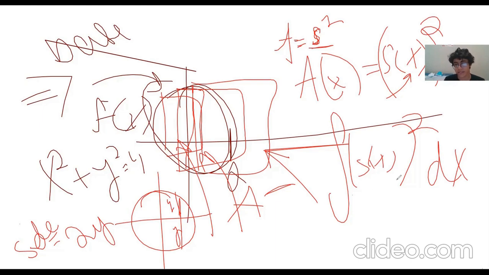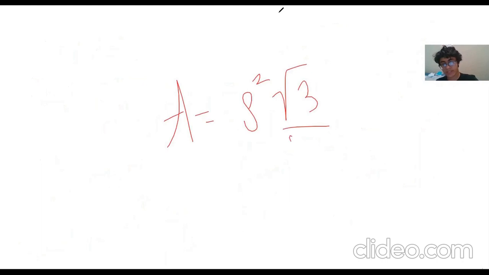But this is the methodology to doing it. All you do is you first find the geometrical area thing, and I'll get you the formulas now. Side squared, square root of 3 over 4. This is the area of an equilateral triangle.